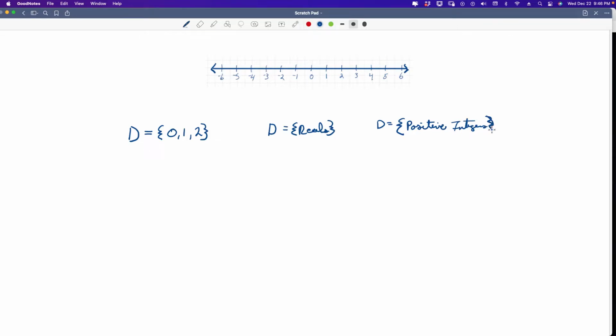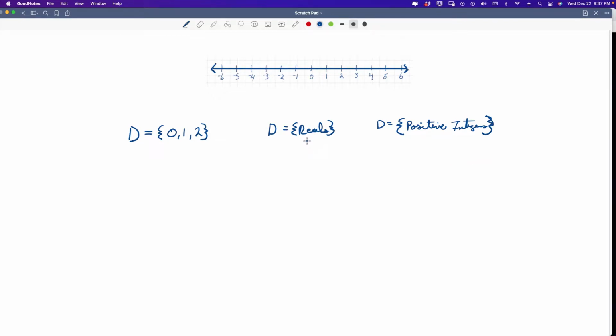If I can get my curly bracket to do right, there we go. The domains specified here are the numbers 0, 1, 2, the set of real numbers, and the set of positive integers. In the problem sets, if a domain is not specified, it should be assumed to be real numbers.